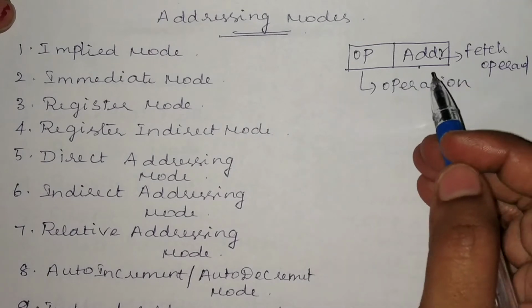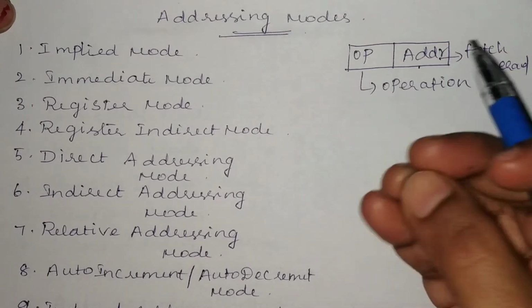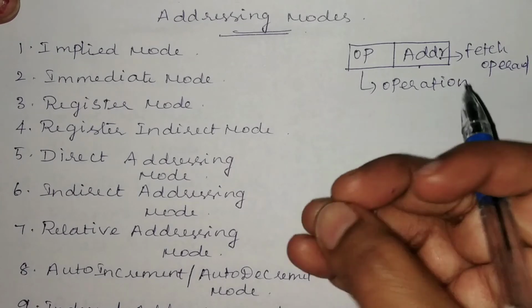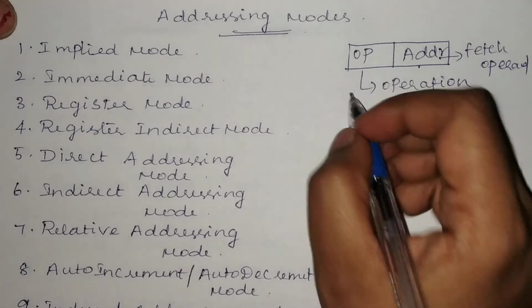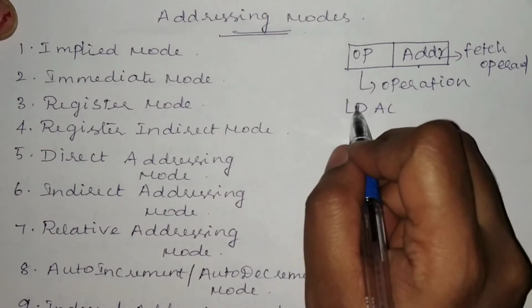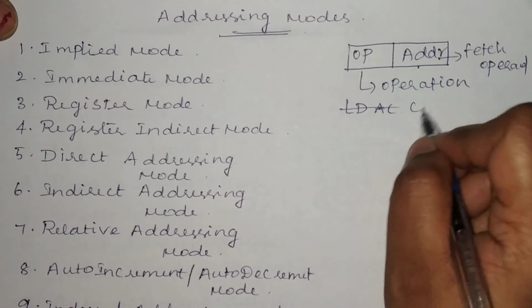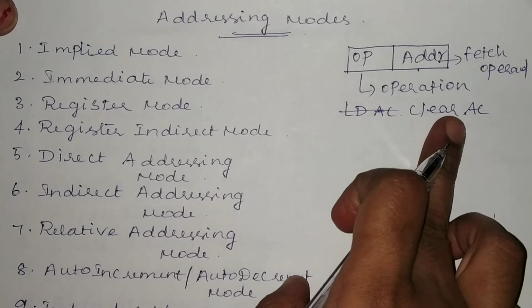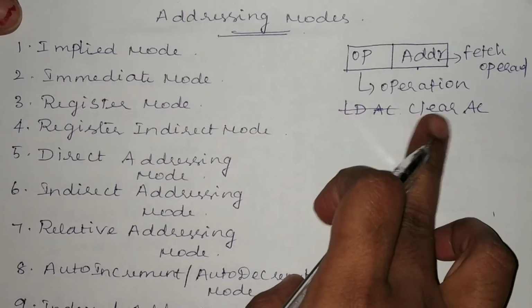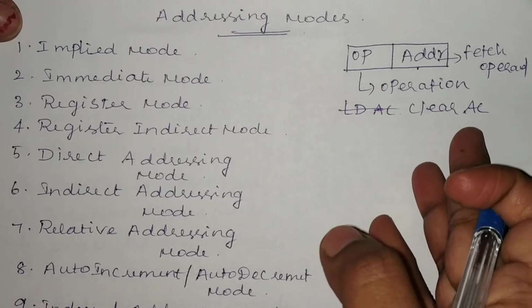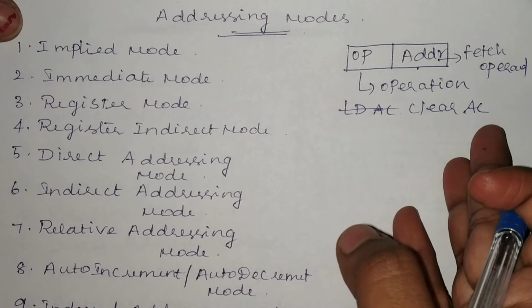Suppose you are executing an instruction that does not need an address. There are some instructions which do not need an address, for example, clear accumulator. It does not need any operand to do this instruction, because we are not going to fetch any operand explicitly from memory or register.